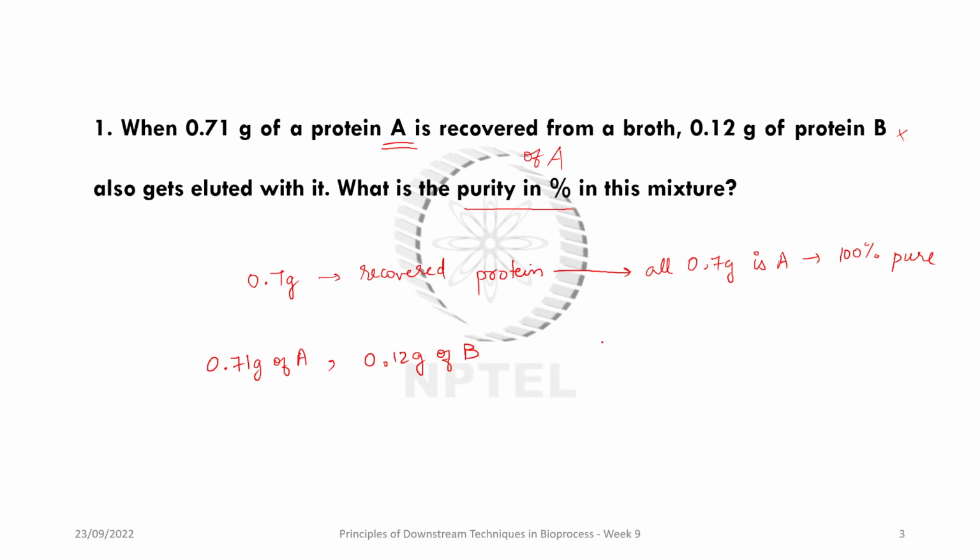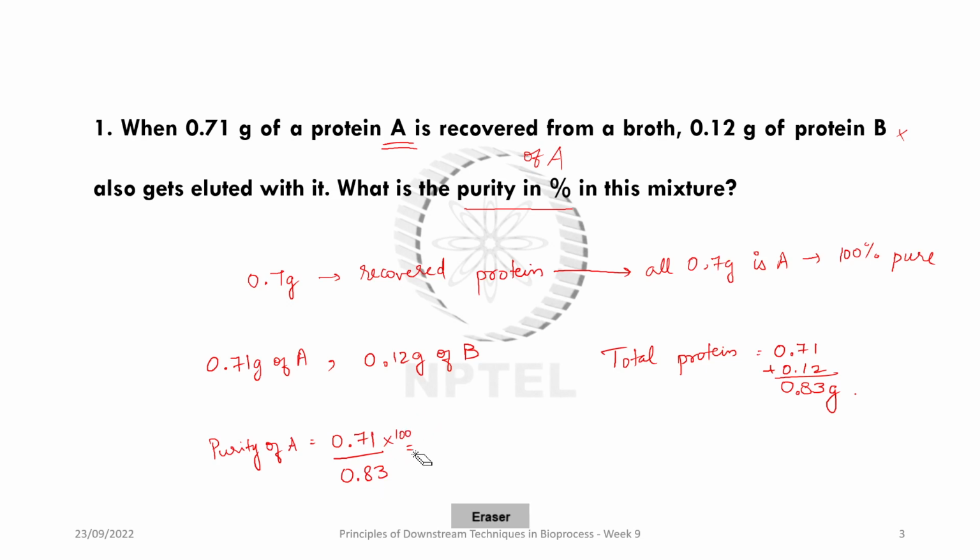So the total protein recovered is equal to 0.71 plus 0.12, which is 0.83 grams, of which A is just 0.71 grams divided by the whole, A plus B, which is 0.83, into 100 because they've asked you in percentage.